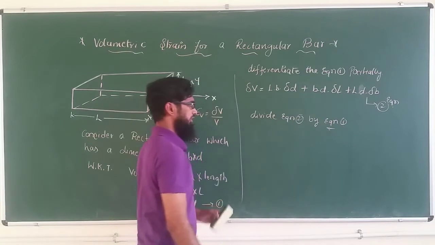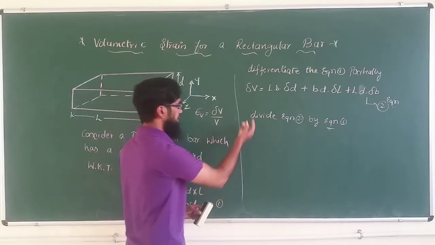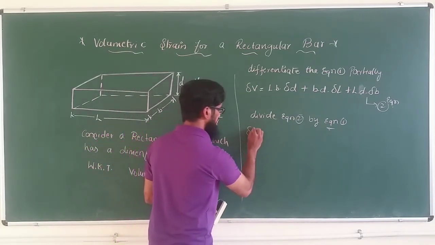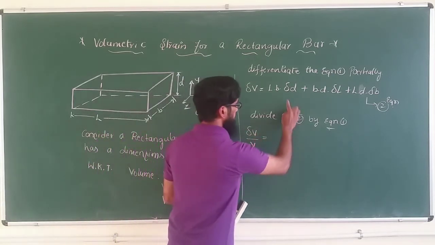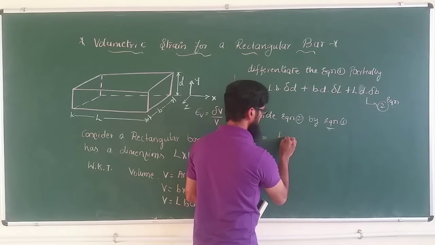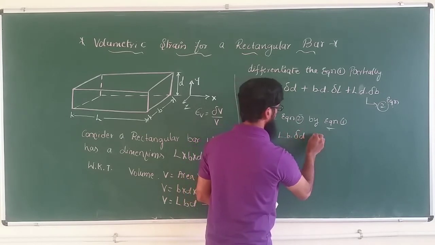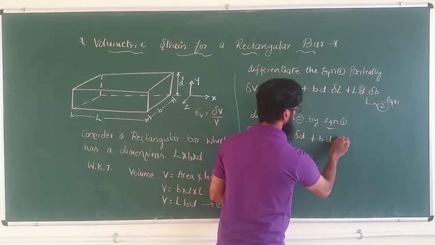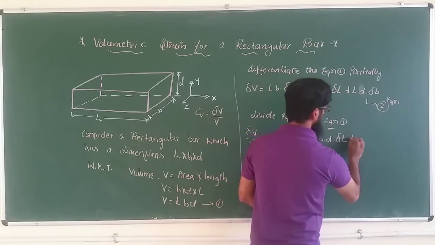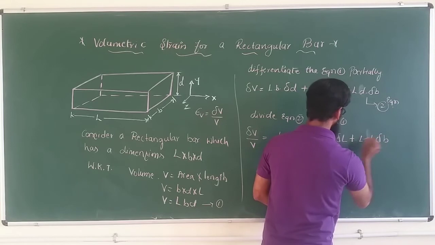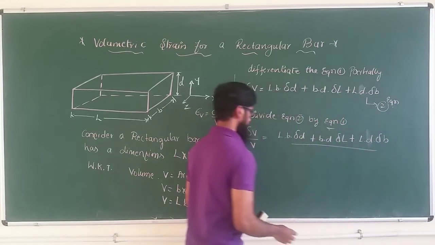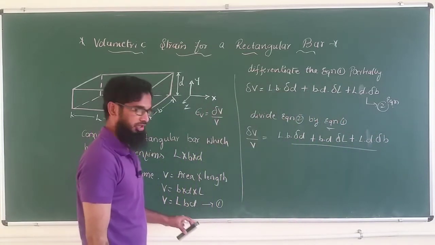If I divide equation 2 by equation 1, the left hand side becomes delta V by V. The right hand side is, take the entire equation here, L B delta D, B D delta L plus L D delta B, whole divided by the first equation, L B D.